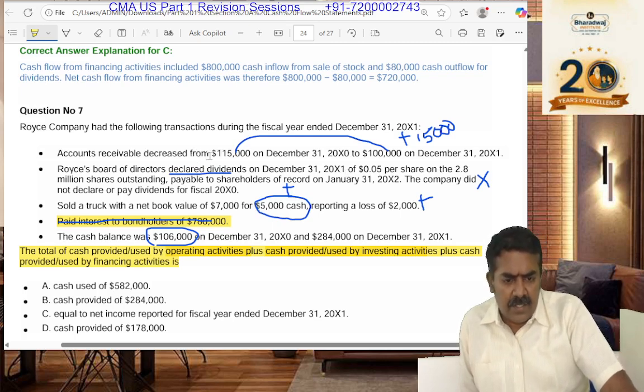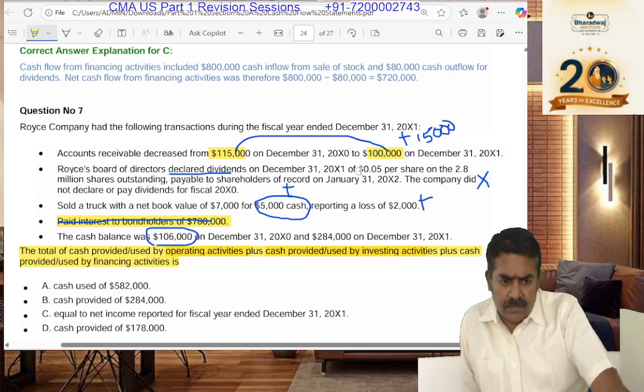Accounts receivable decreased, so we will add. Only 2,000. This operating loss 2,000 you will add. This 5,000 also you will add. 15,000 plus 5,000 plus 2,000 plus 1,06,000 plus 1,06,000 minus 2,84,000.